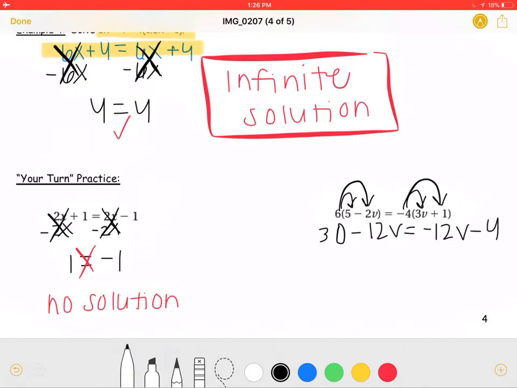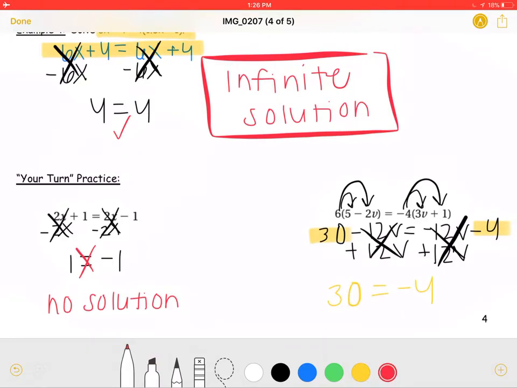Now let's combine our like terms or move some things around. I'm going to move this -12v over to the left by adding 12v. A negative and a positive, again, they cancel. So this all cancels. I'm only left with my constants now, which are 30 and -4.